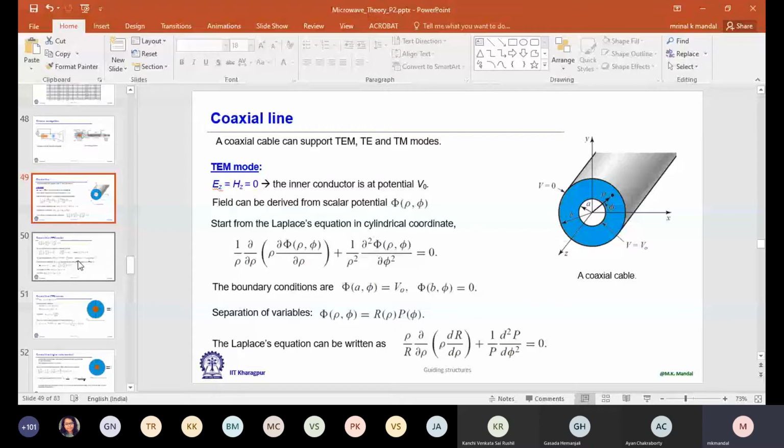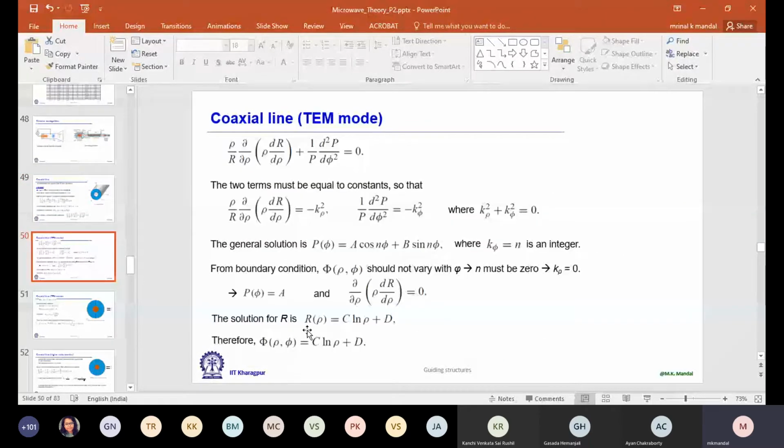Again, I am not going step by step. It will involve Bessel functions because we are now dealing with a circular geometry. We can't avoid Bessel functions. So I'm directly coming to the solution. Otherwise the steps remain the same. You put the boundary conditions and find the expressions for the electric and magnetic field.